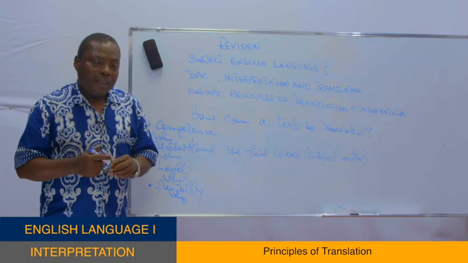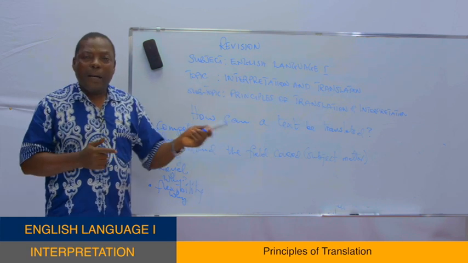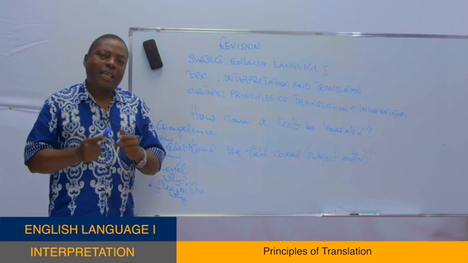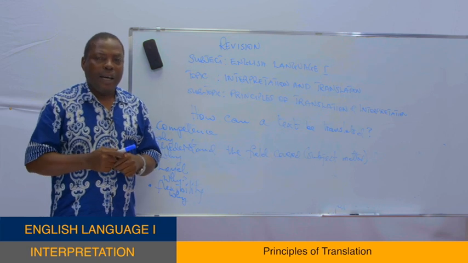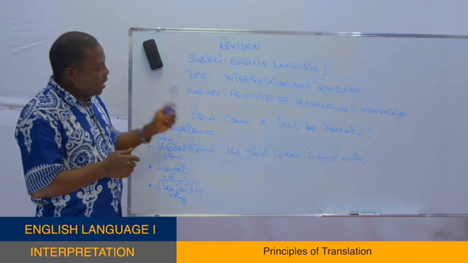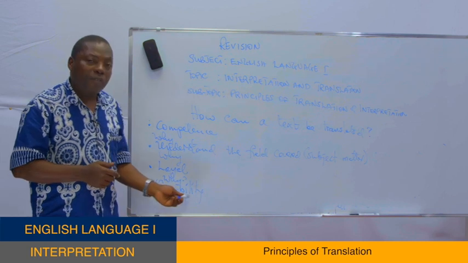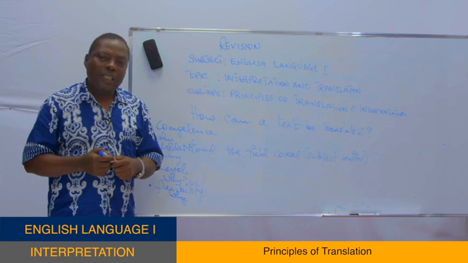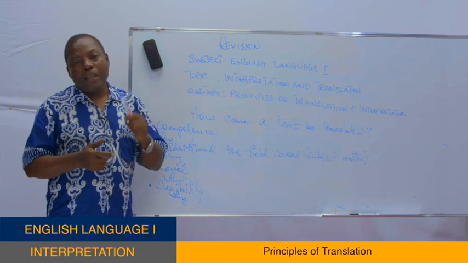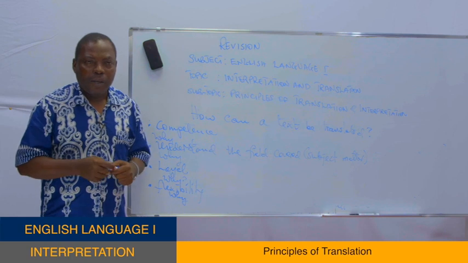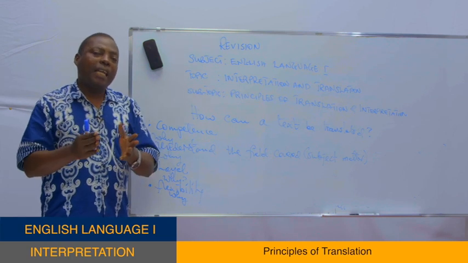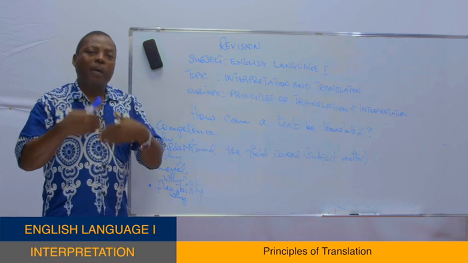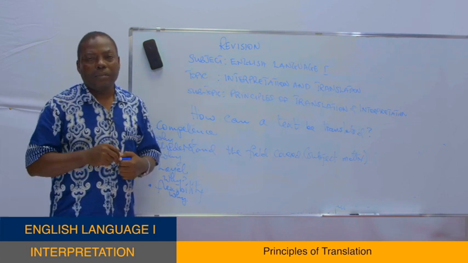So if you find that the audience might have some difficulties understanding the message just because of the style that has been used to present the work, this is where the translator and or the interpreter has to be flexible, has to violate and or to maintain the style that has been used by the source text. So violating and or maintaining the style will depend on whether the message will be understood by the audience or not.